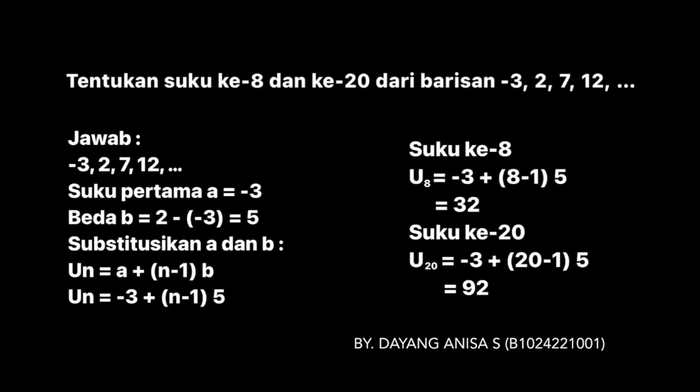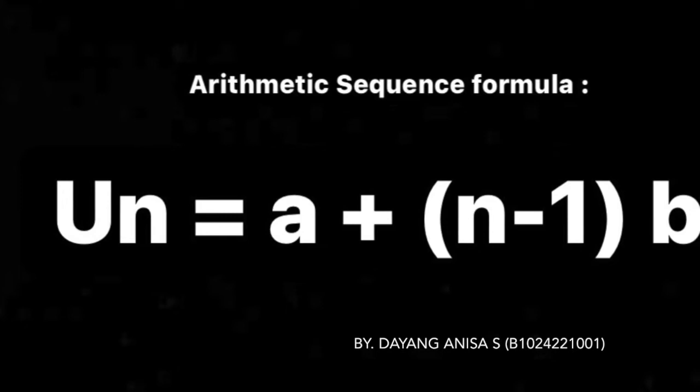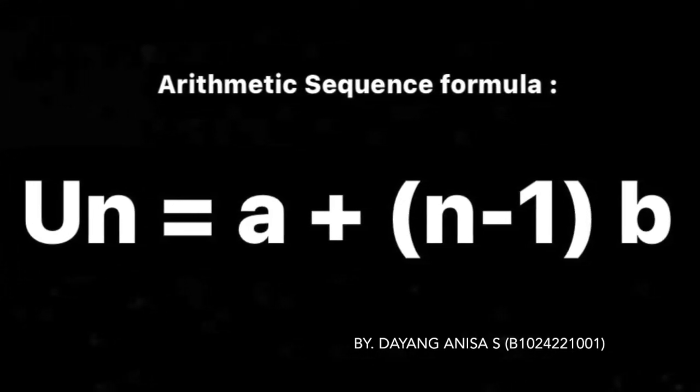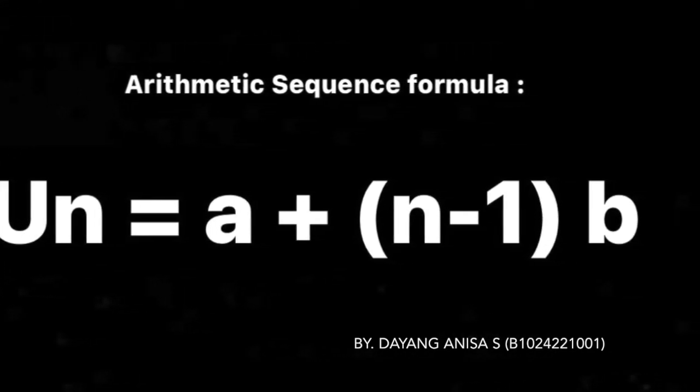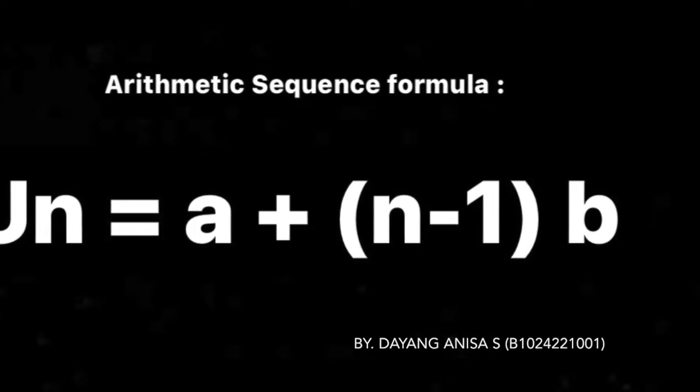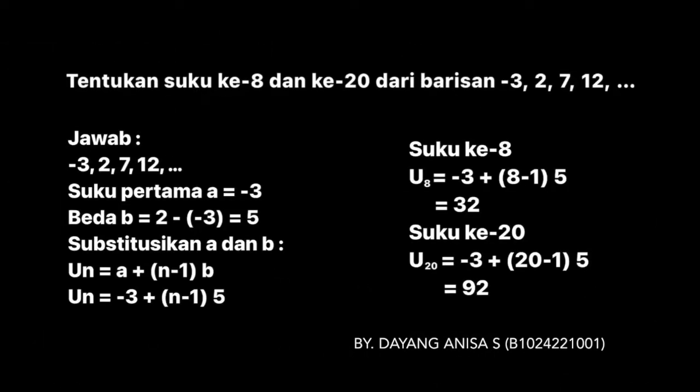We can calculate it by using the arithmetic sequence formula, that is Un equals a plus n minus 1 multiplied by d. So, the a, or the first term here, is -3. And the d, or common difference, is 5 because 2 minus -3 equals 5.